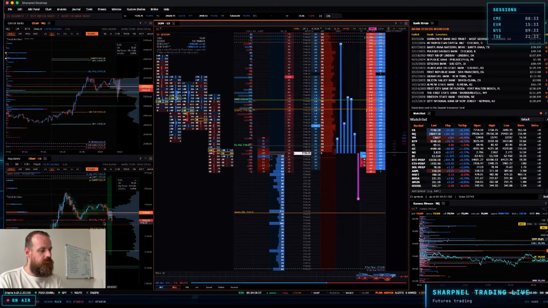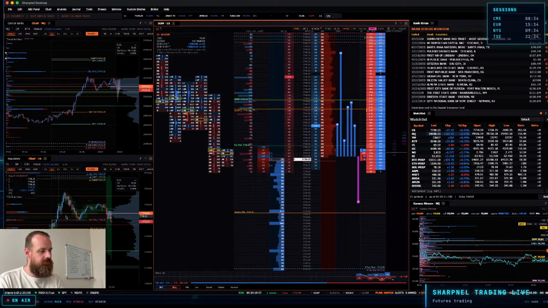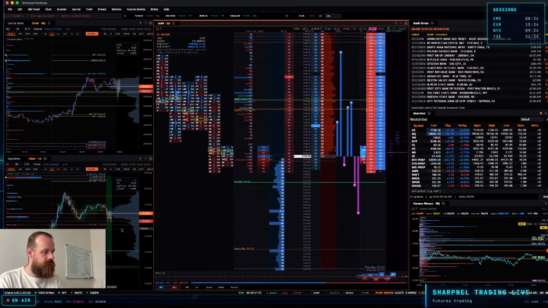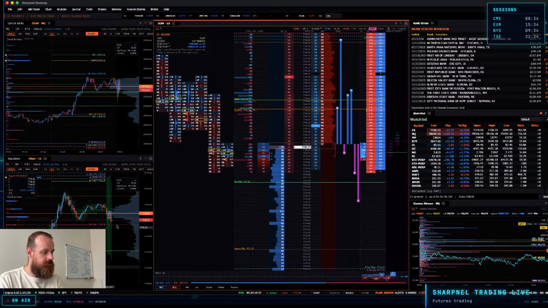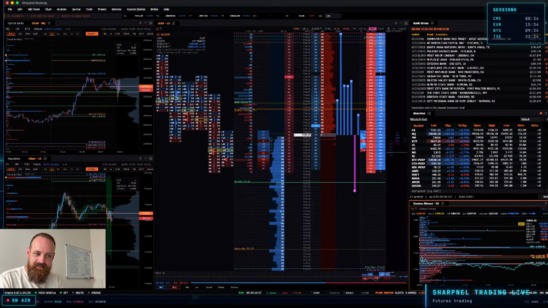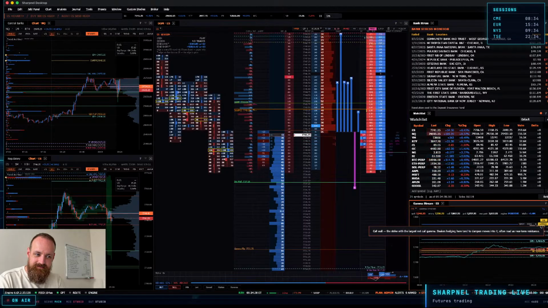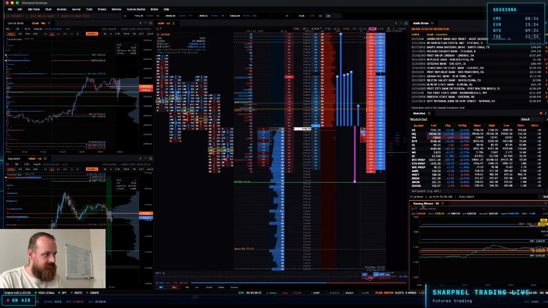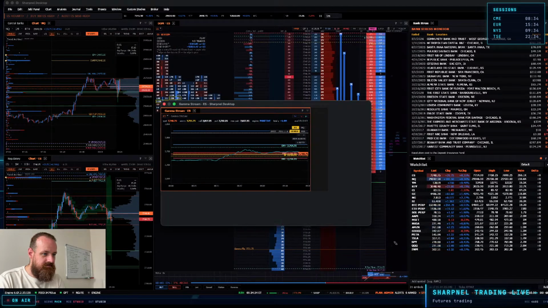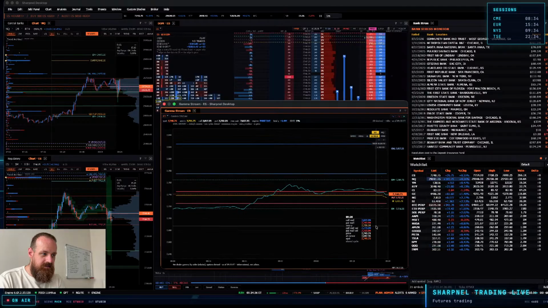So it broke the put wall over here, and if it does not hold or get back above and rejects here, then I might be looking for a quick short scalp. If it reclaims the put wall, they're moving the put wall. See here. Sneaky, sneaky.